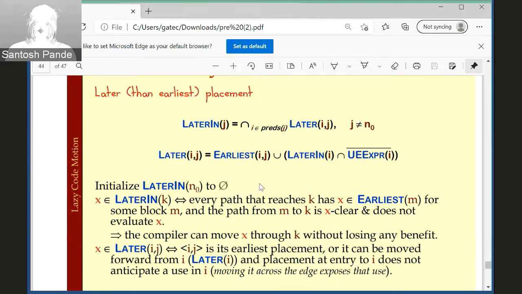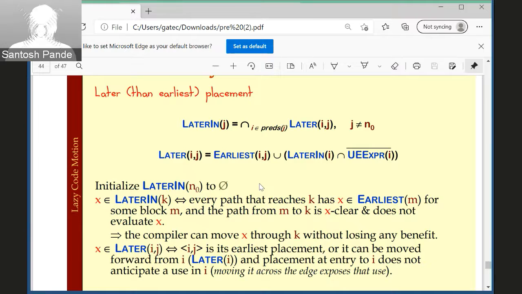Note that. Now, once we are inside a block, what we do is we see if there is any evaluation of that particular expression. And if it is not there, then we are simply sending this evaluation further downhill towards the end of that block. So how do we do that? We're syncing it through I block. You can see that there is no evaluation of the expression in I block.